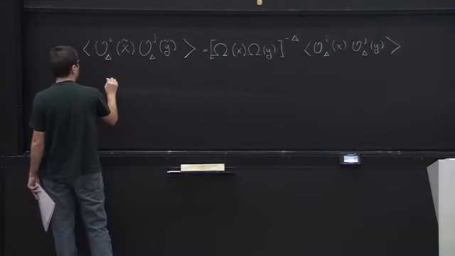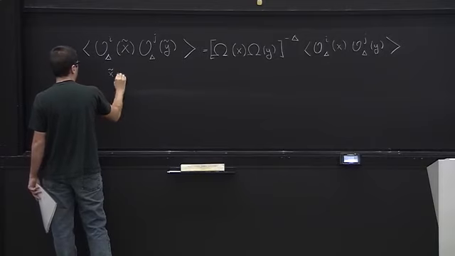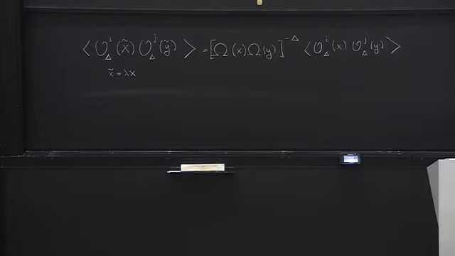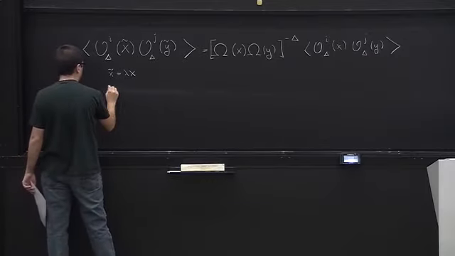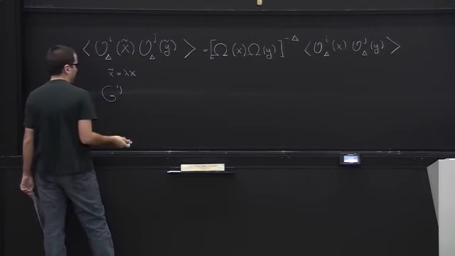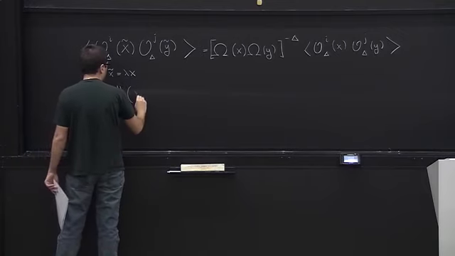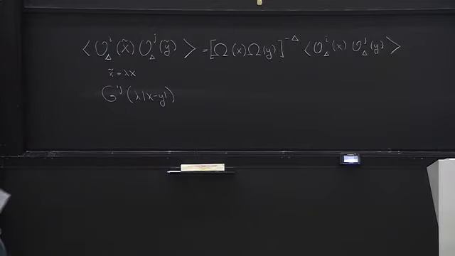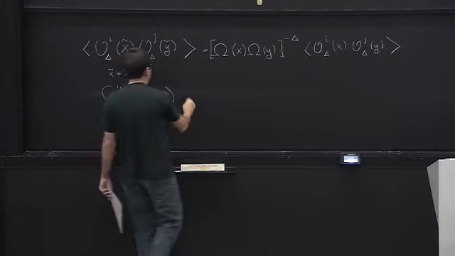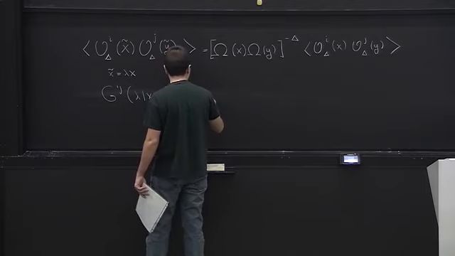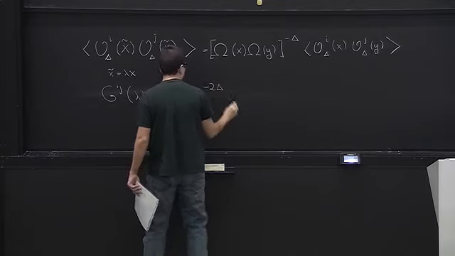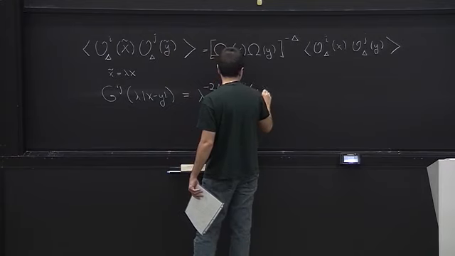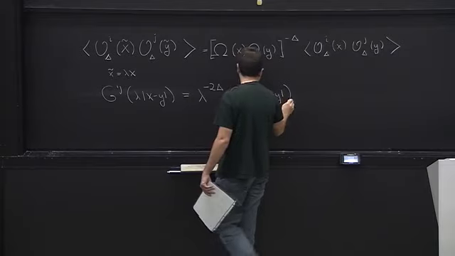Now it's very simple. Let's choose the simplest conformal transformation, just a dilatation. And let's denote by Gij the correlator between operators at a distance, which only depends on the distance. This is then equal to lambda to the minus 2 delta, times Gij of the distance x minus y.